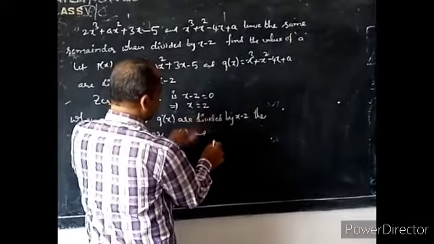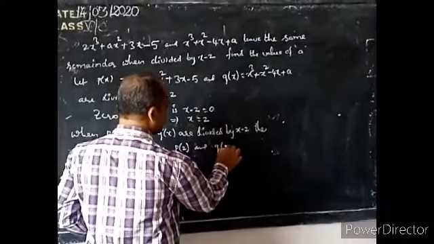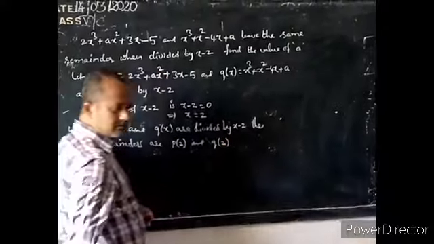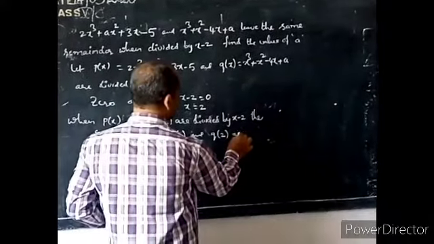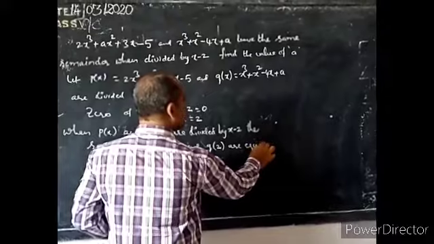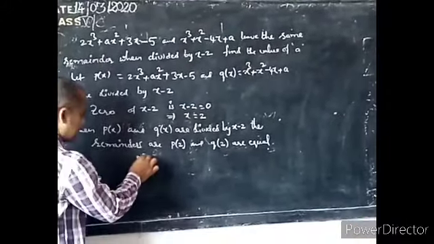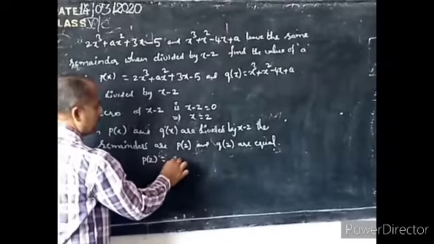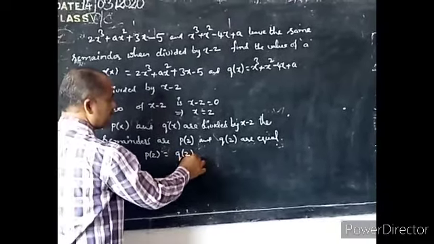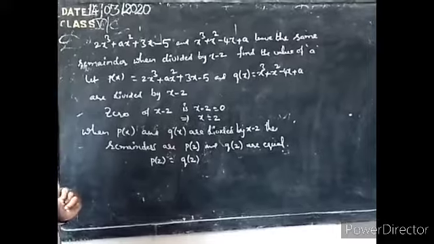The remainders are the same, so equal. That is nothing but p of 2 equals q of 2.